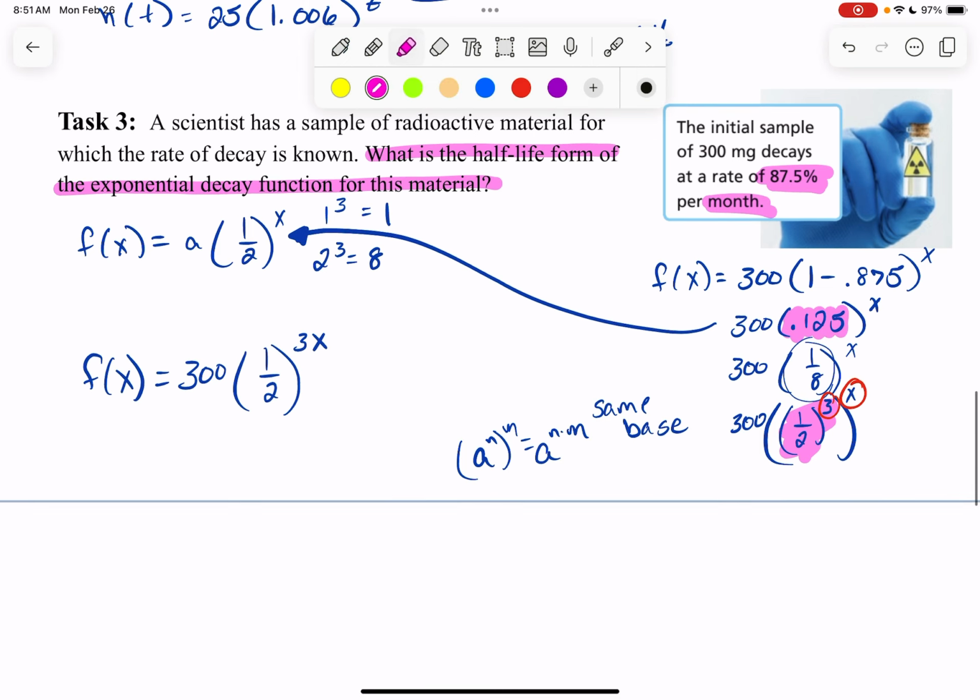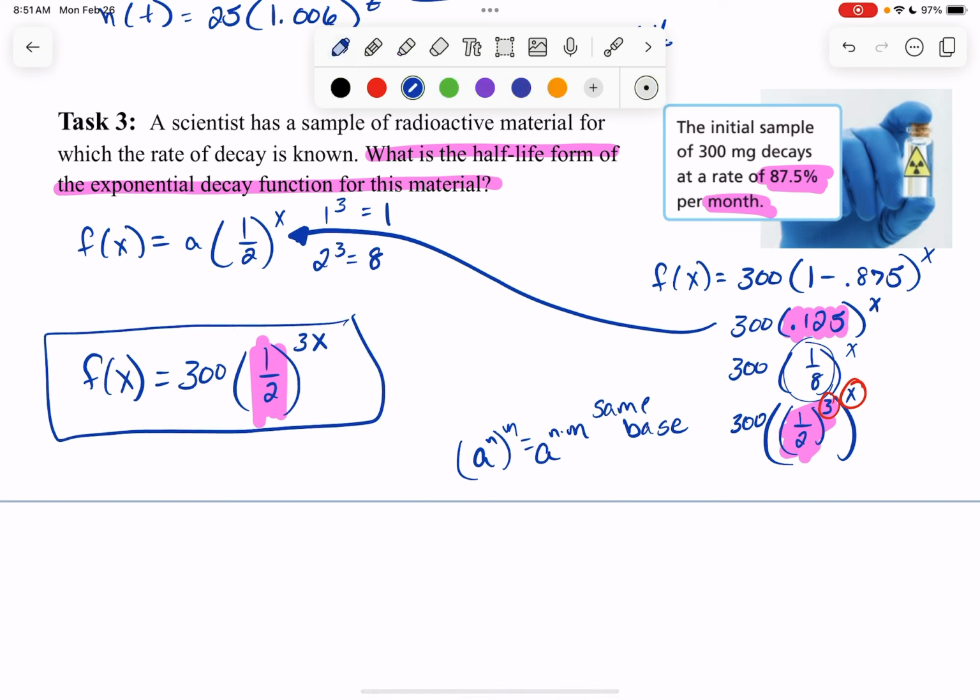So now I was able to get my base to 1/2 like we wanted. So there I was able to get it into half-life form. Now my exponent, of course, isn't just x, it's 3x. So I have to multiply the exponent times 3 first. So if I want to know how much is left after 5 months, I would have to take 3 times 5 and take 1/2 to the 15. Okay.